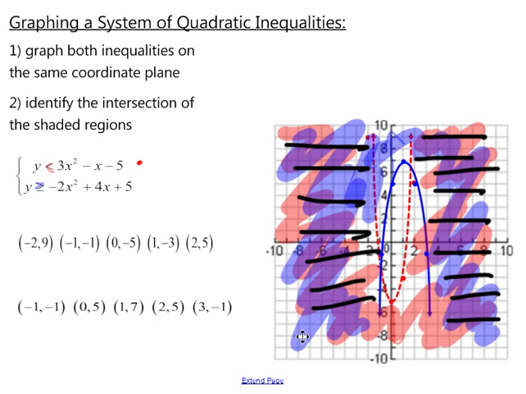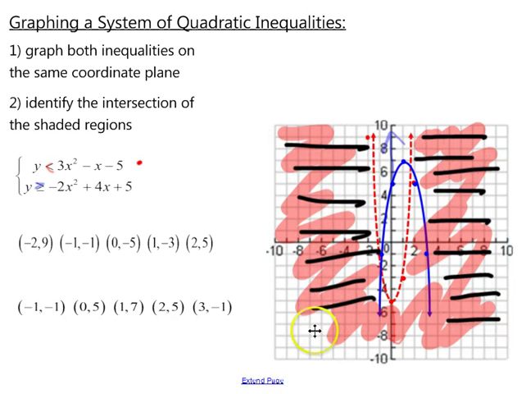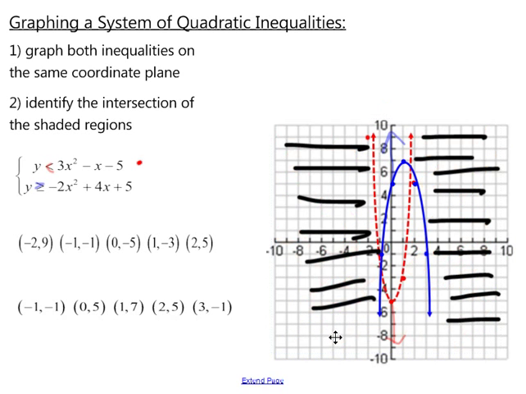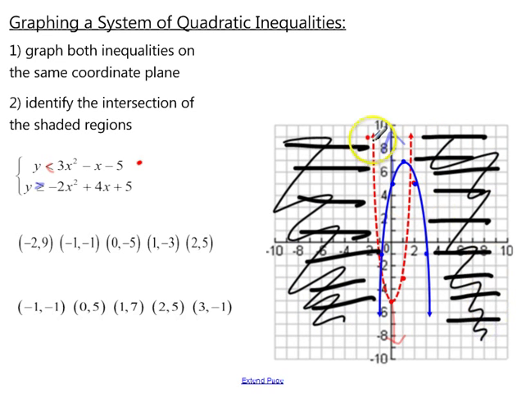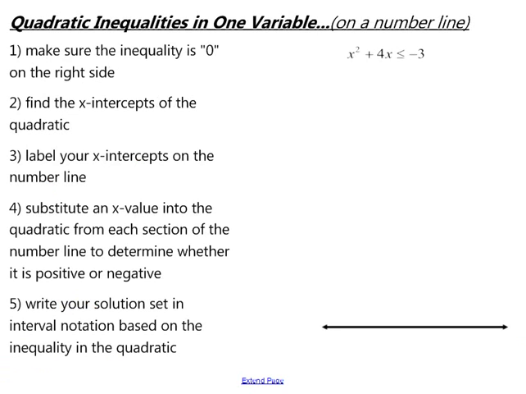Again, this is why you shaded lightly the first time, because after you find the intersection or the overlap, you can go ahead and delete your previous shading so that now you just have your final answer. And if you want to fill it in a little better, that's perfectly fine. It's basically everything outside of the parabola, so nothing inside of the red or inside of the blue.